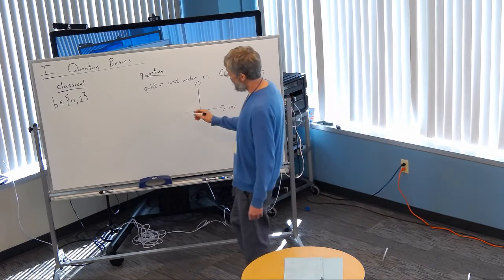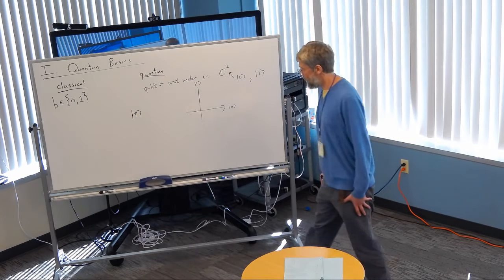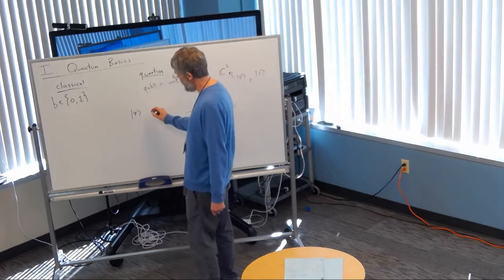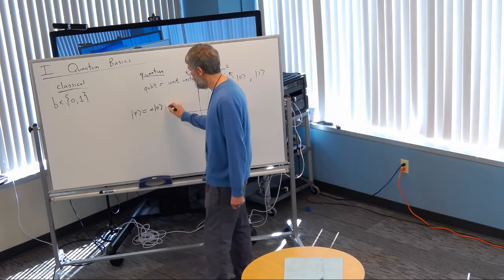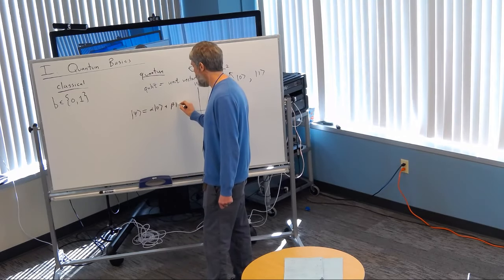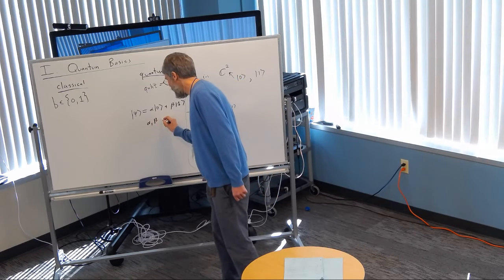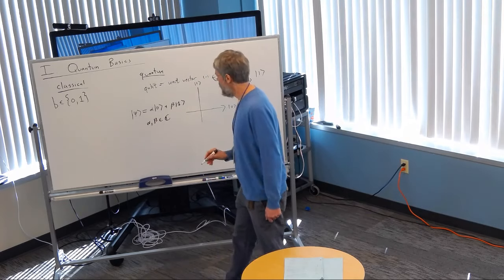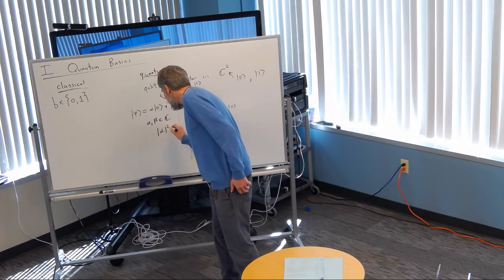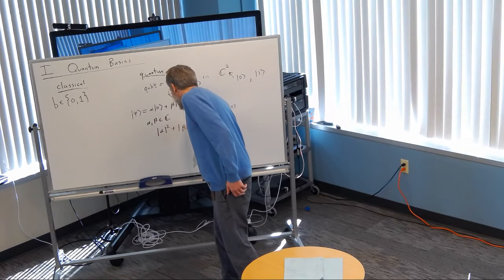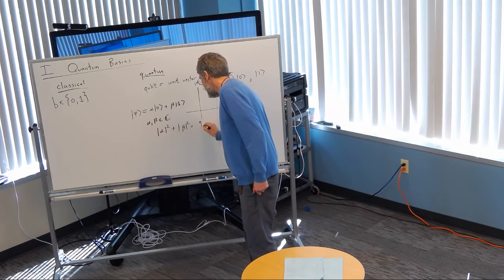So a typical state of a qubit will be called ket psi, which is alpha times ket 0 plus beta times ket 1, where alpha and beta are complex numbers. And it's supposed to be a unit vector, so that means the norm squared of the coefficients adds up to 1.